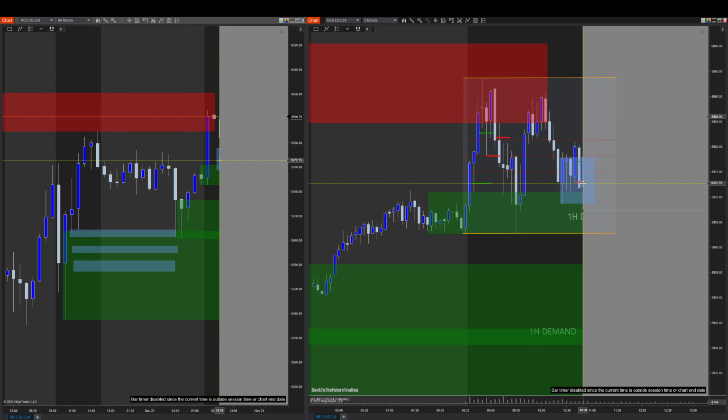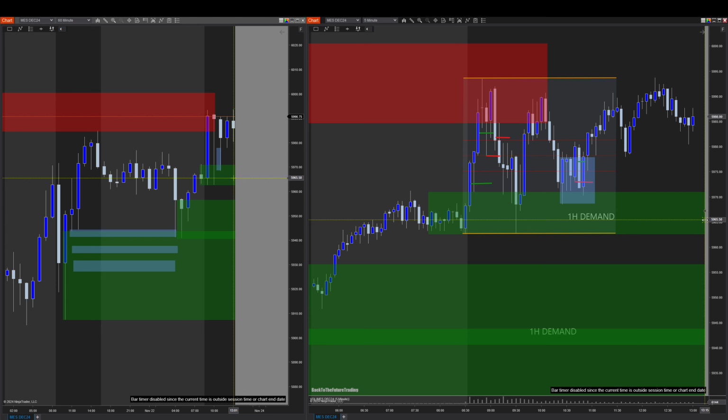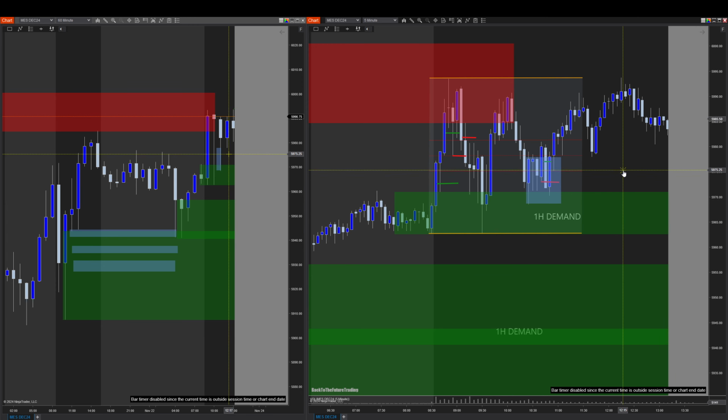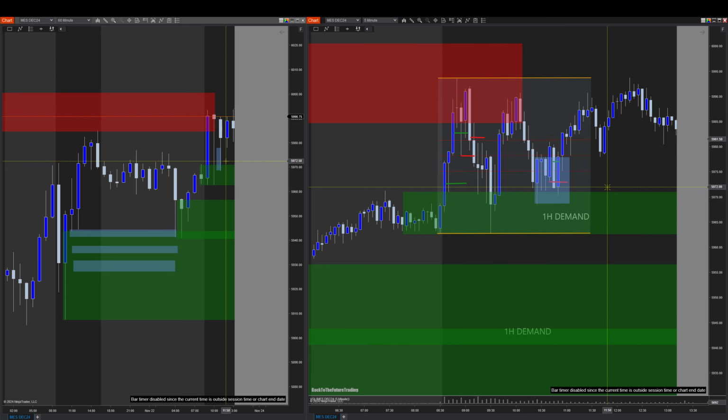Boom, enter, get stopped out. Unfortunate. And we'll just go through the rest of the day. So those were the trades that I took. I ended up losing $30, which is totally within reason. But we had a bias. We knew on this candle here, it was probably going to be a range day.